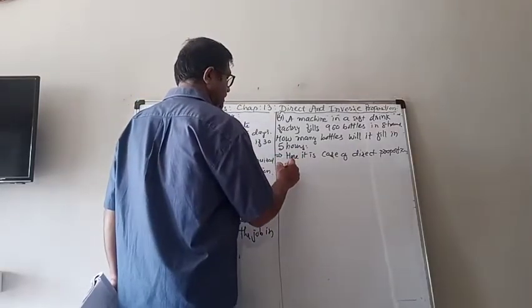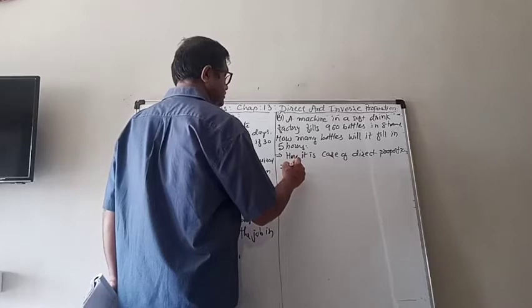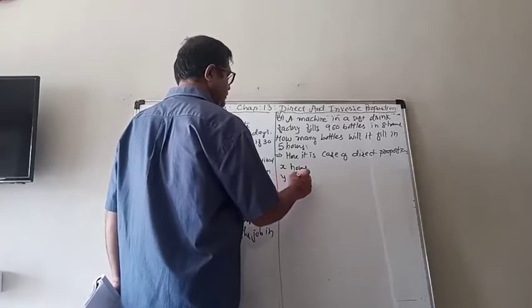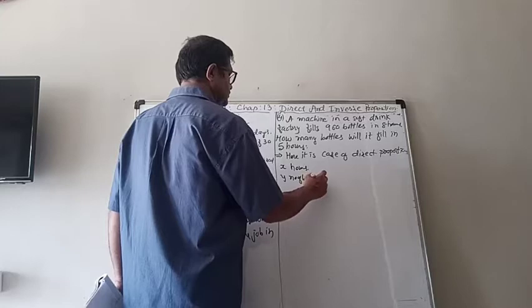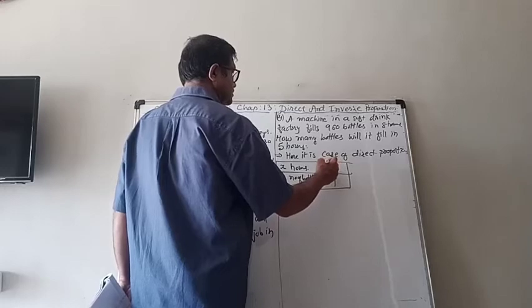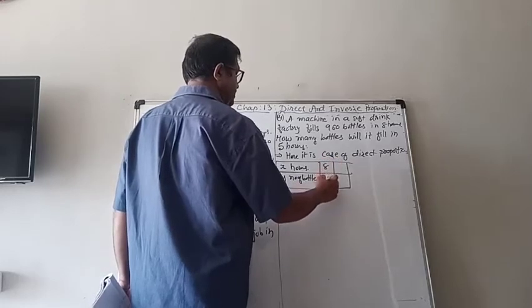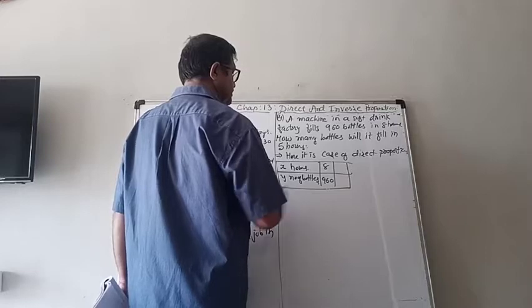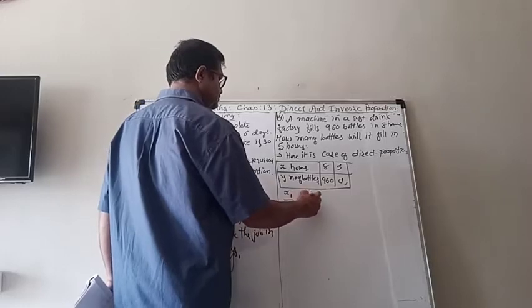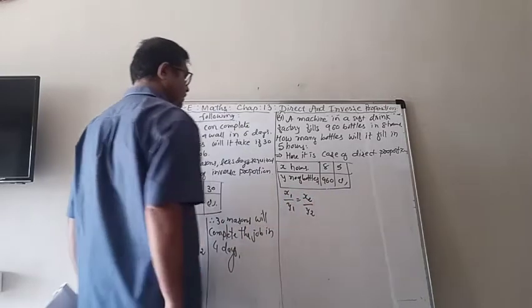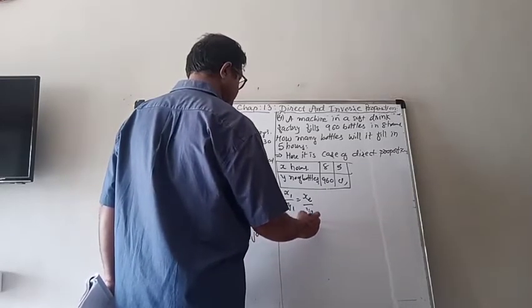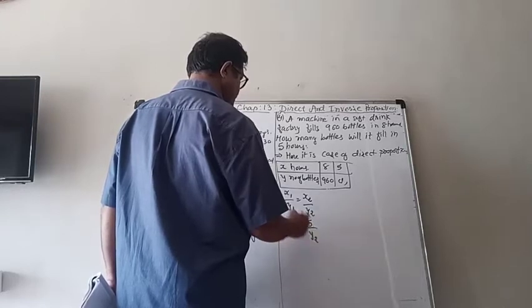So now X hours, Y number of bottles. 8 hours, 960 bottles. So 5 hours. So x1 upon y1 is x2 upon y2. So 8 upon 960, 5 upon y2.